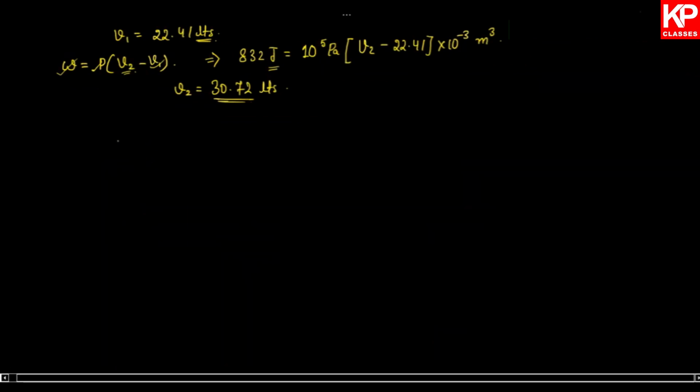All right. So based upon the earlier expression, that is V1 upon V2 gives T1 upon T2, you can directly calculate the value of T2, which will be equal to 273 into V2, that is 30.72, divided by 22.41.